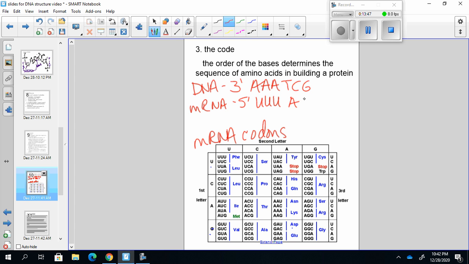And then it would go A, G, C. And so to look that up, I look up U, the first letter U, the second letter U, and the 3rd letter U. So it would be PHE. That would be the first amino acid. And then AGC, serine. So serine would be the 2nd amino acid. And you would just keep going and going and going until you hit one of these 3 stop codons.